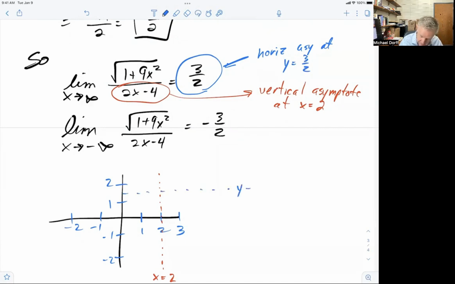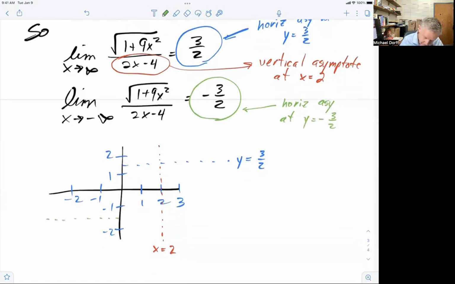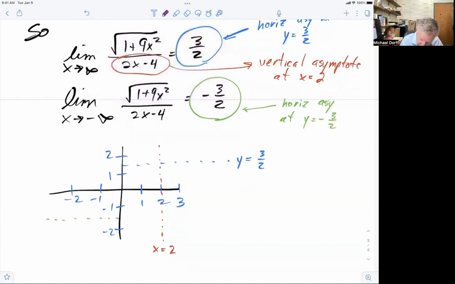So this is y equals 3/2. And then on the negative side here, we get a horizontal asymptote at y equals negative 3/2. So that's going to be on this side over here. And so my graph in purple, if you go on Desmos, is going to look something like this. There's that vertical asymptote. It's going to bump up here and go down like this.